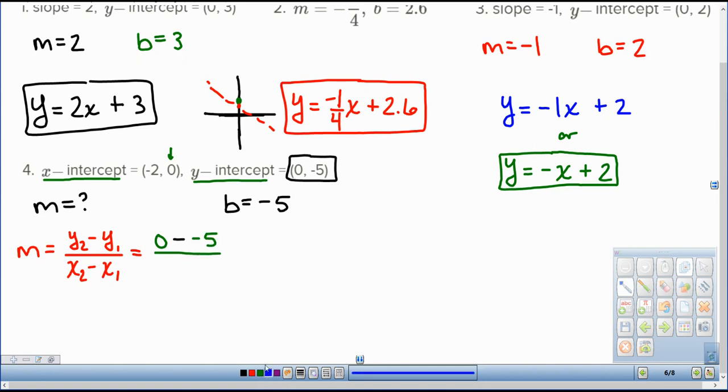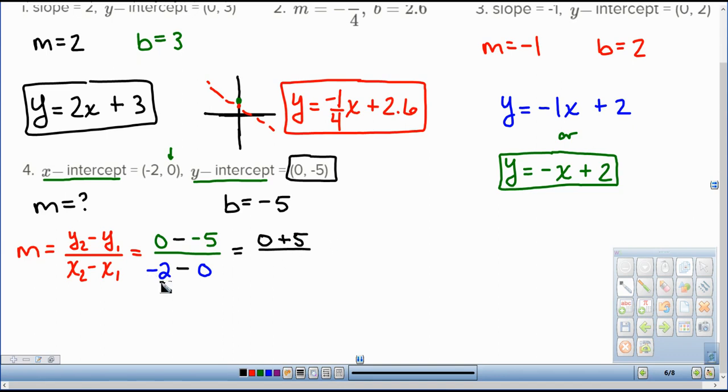Give me the x value that went with your first y value. So this was the first y value, means we have to do negative 2 right here, minus the other x value, which was a 0. We will calculate this. 0, remember that's 0, now it's a plus 5.